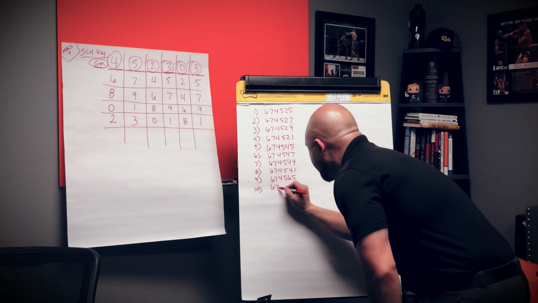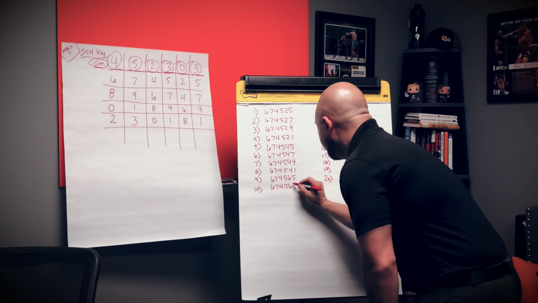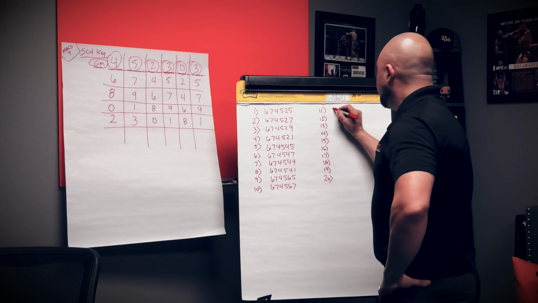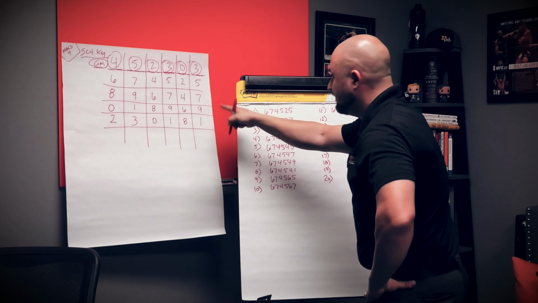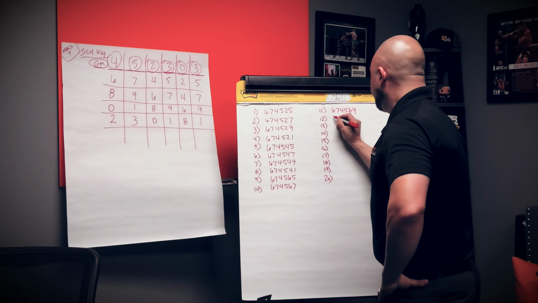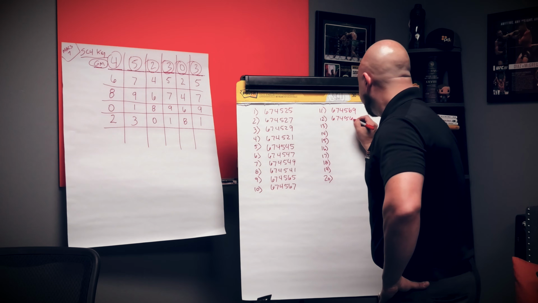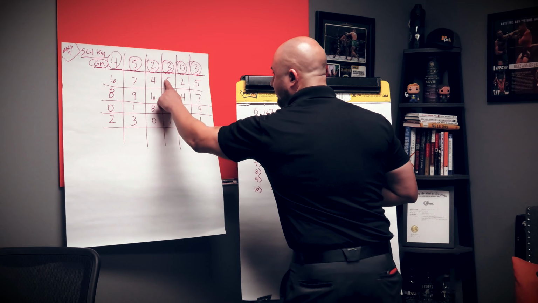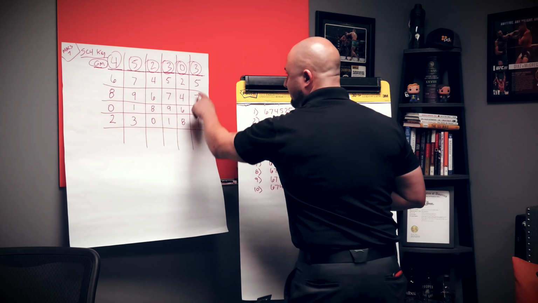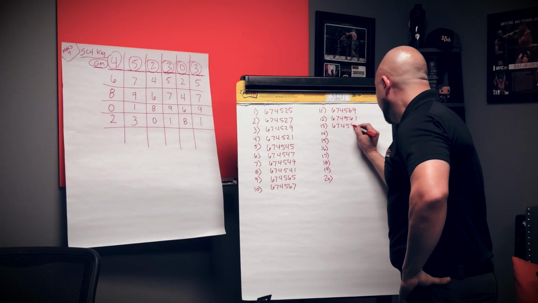And then 6, 7, 4, 5, 6, 7. Then 6, 7, 4, 5, 6, 9. And then 6, 7, 4, 5, 6, 1. And then 6, 7, 4, 5, 8, 5.